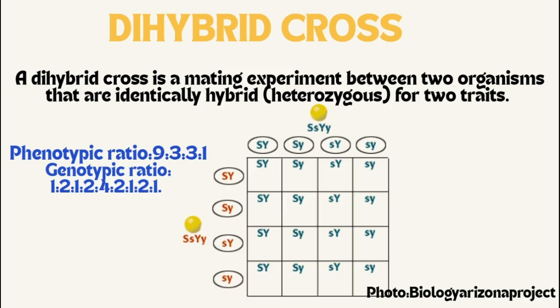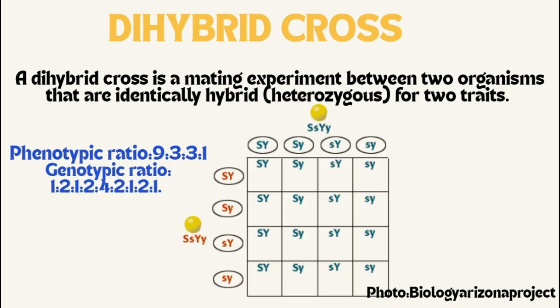Now the dihybrid cross, which is a little bit more complex, right? In a dihybrid cross, you're going to be crossing two individuals which code for two different traits. So instead of drawing up that 2 by 2 little Punnett square, you're going to end up with a 4 by 4, right?